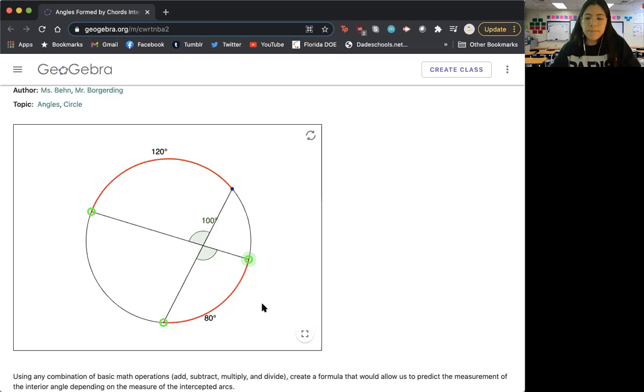Okay. Anyone notice? I have a 100, and then I have 120, and I have 80. What's the relationship between those three numbers? Perla, go ahead and say it in the chat, please.